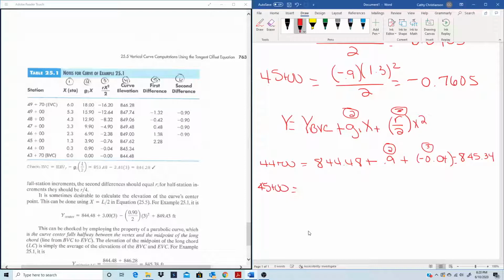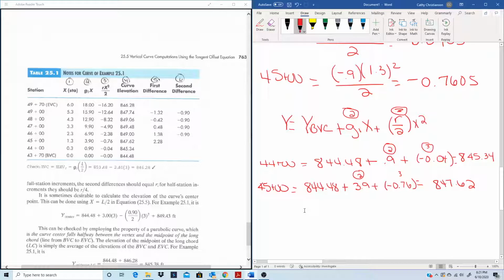The beginning vertical curve's not going to change, so that's 844.48 plus, and for 45 that is a 3.90 for column 2, plus a negative 0.76, and we'll get 847.62.